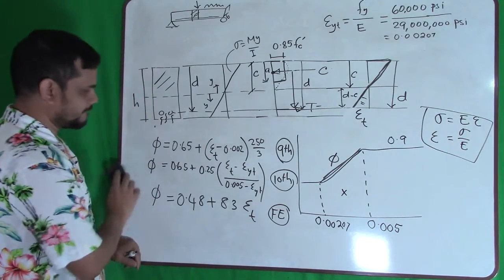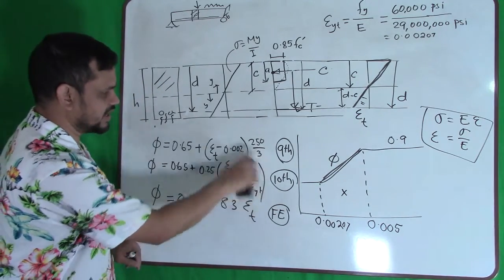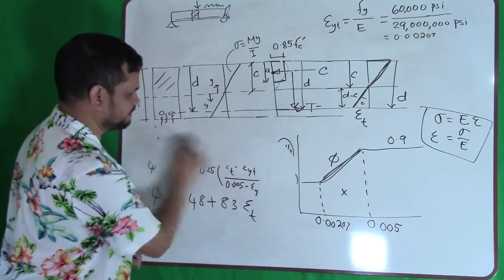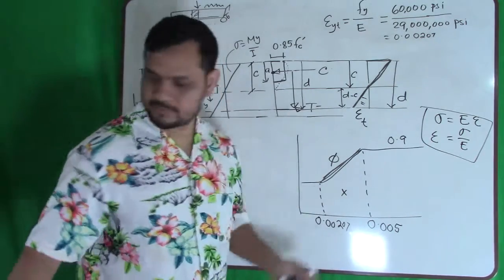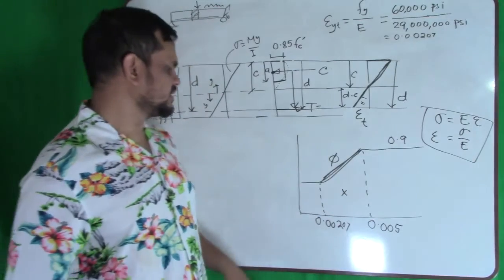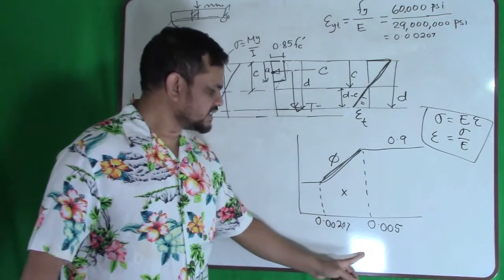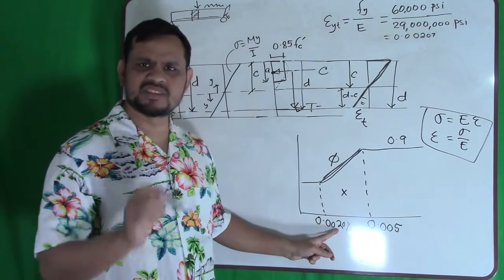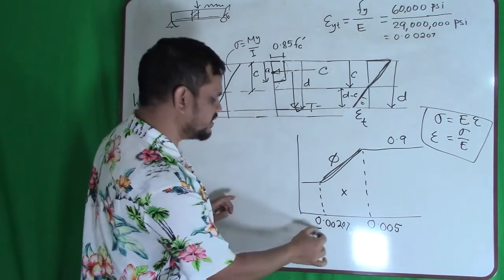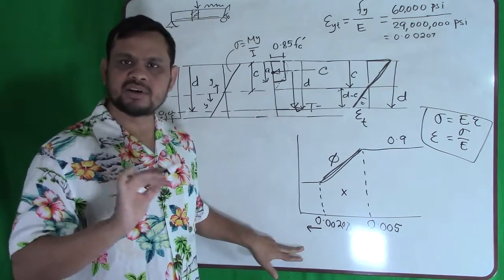Hopefully you understood everything here. Now some discussion. The meaning of this is that tensile strain in steel is 0.002, which means just yield. Below this, my steel did not yield.